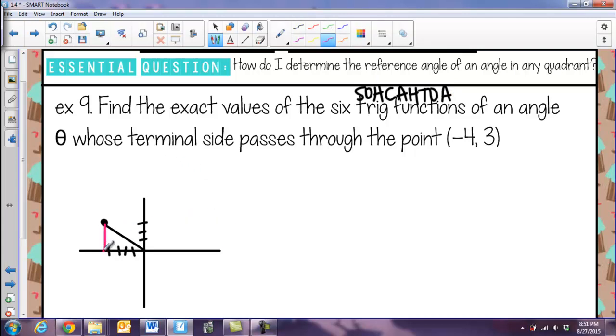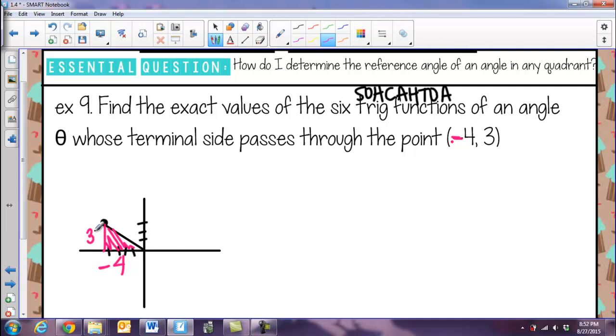Now I'm looking at side lengths. If I went up 3 to get to this point, this length is 3, and I went over 4 to get to this point, so this side is 4. Now the one thing we have to remember is it is a negative 4, so I'm going to make this length negative.